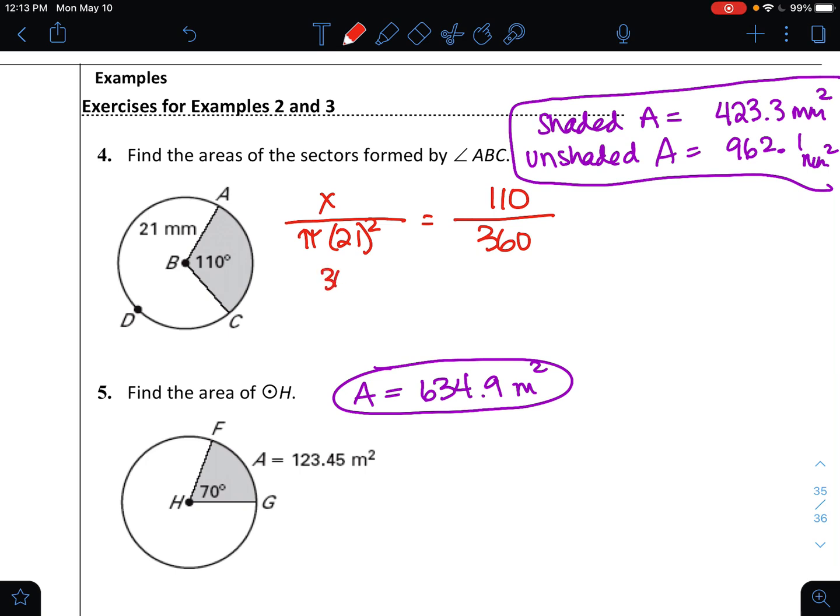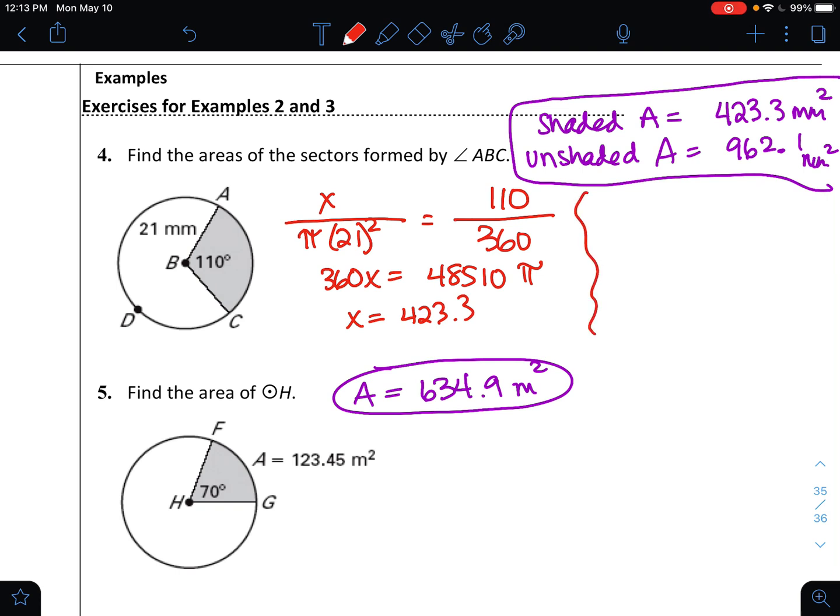Okay, so that would be my setup. So I would have 360x. So I would have 21 squared times 110. And so I leave it like this in terms of pi for just a bit. And then divide by 360. So I'm going to multiply that by pi, divided by 360. So there's your 423.